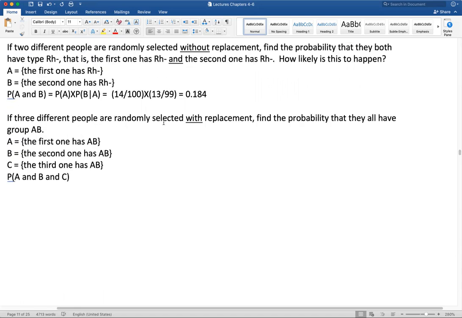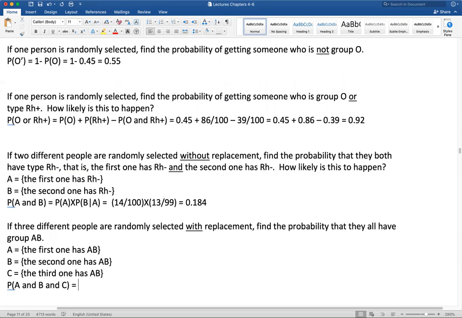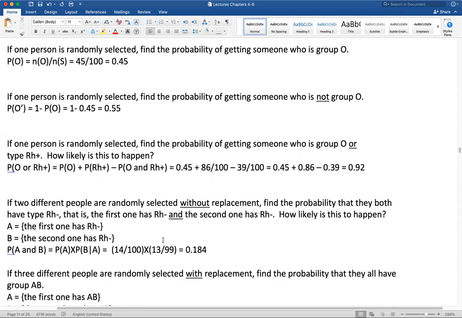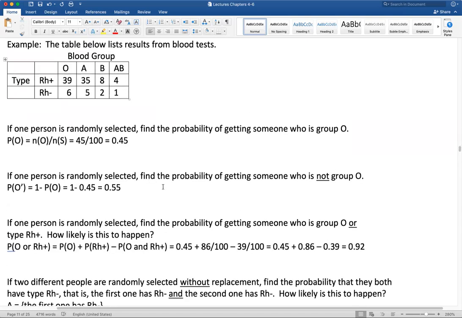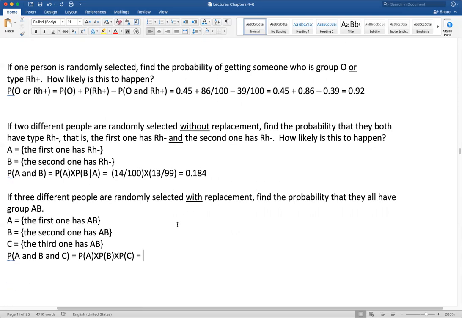Since the three events are independent, we don't have to use a conditional probability right here. So we simply use P(A) times P(B) times P(C), which is equal to, how many people have blood type AB? 5, right? So 5 over 100. That's the probability that the first one has AB.